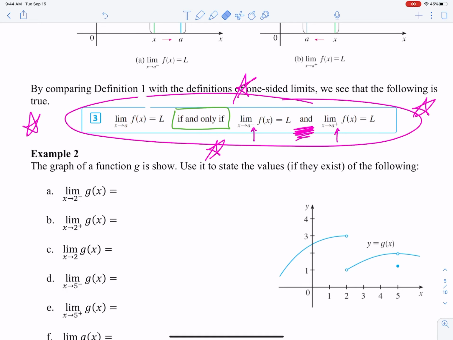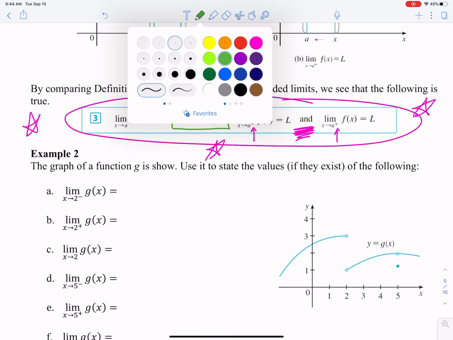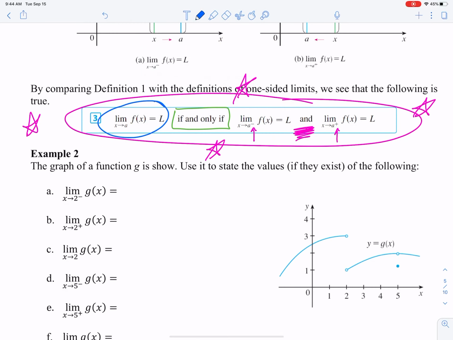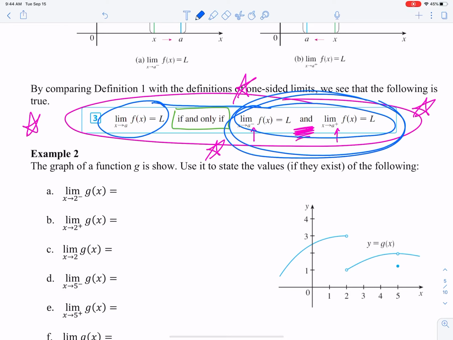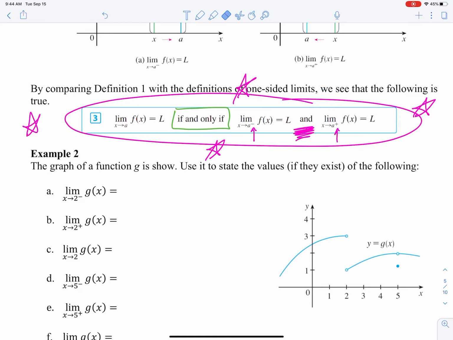In other words, we could say, if this is true, then all this is true. Or we could say if all this is true, then this is true. So again, the statement is true, stated in either direction. Okay, that's important.